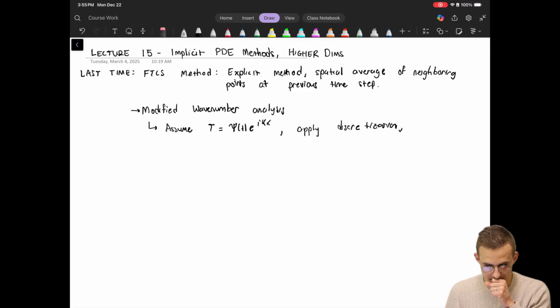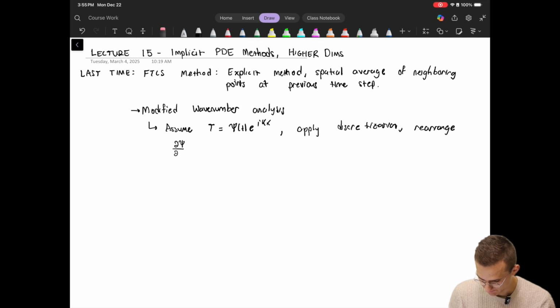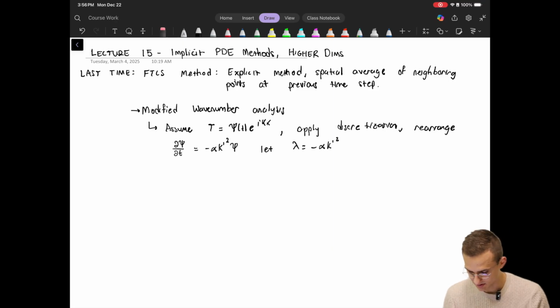And then you will be able to rearrange to the overall form the partial derivative of psi with respect to t is equal to minus alpha k prime squared times psi, and then let lambda be equal to minus alpha k prime squared. And remember, the alpha was the diffusion coefficient in that ODE.